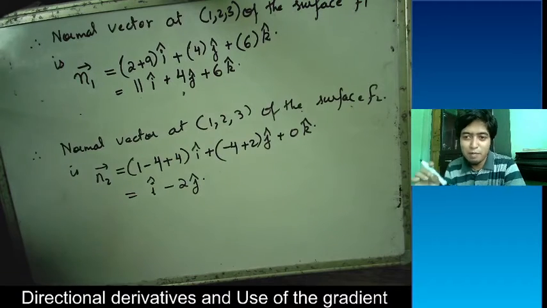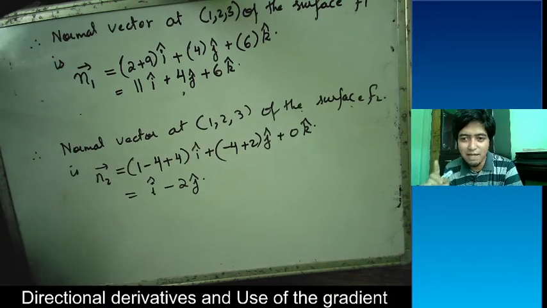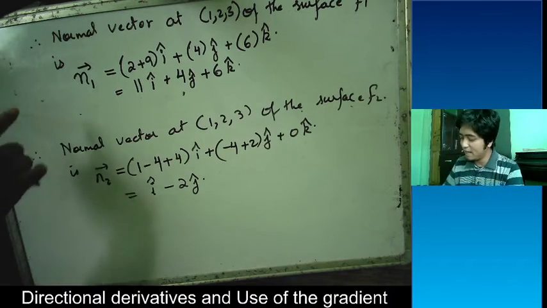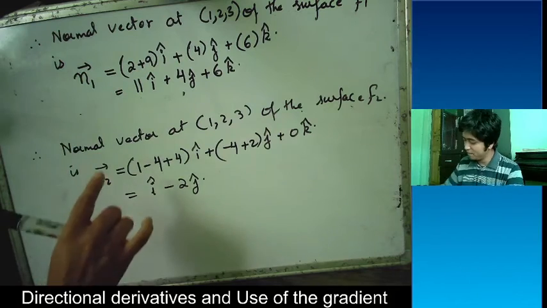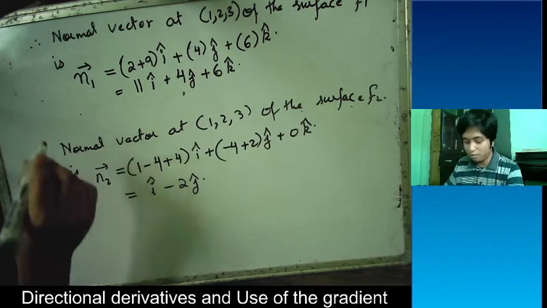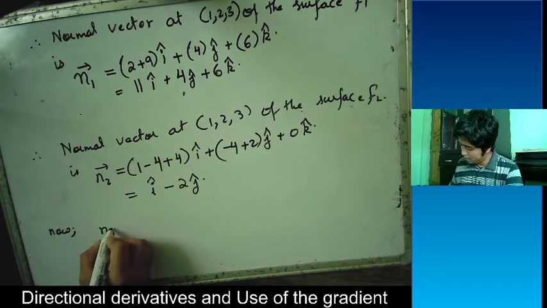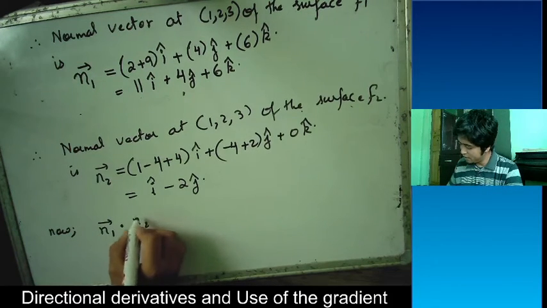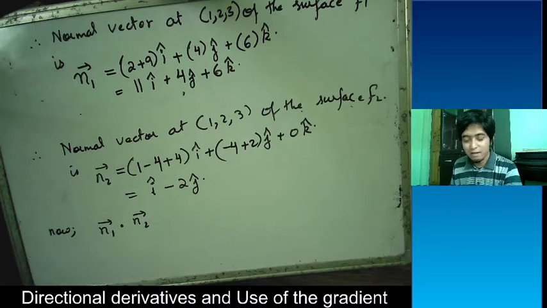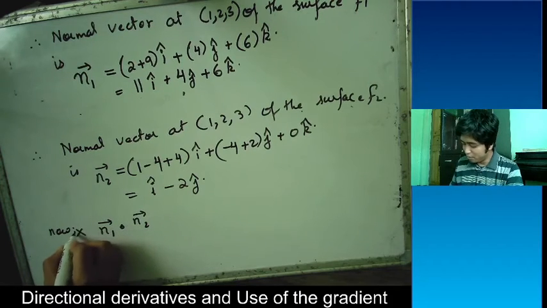Okay, but if you remember the question, it asks us to find the angle between the two surfaces. So the angle between the two surfaces is the angle between their normals. So this is exactly what we can do. Now, n1 dot n2 equals magnitude of n1 times magnitude of n2 times cos theta. Remember, this is a very important line.